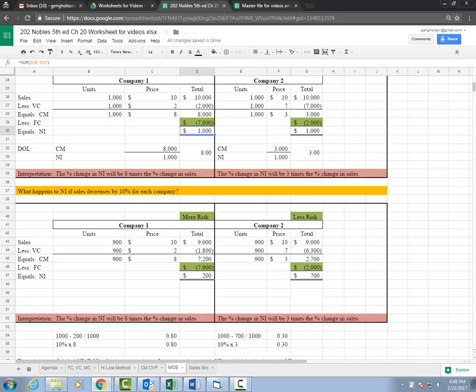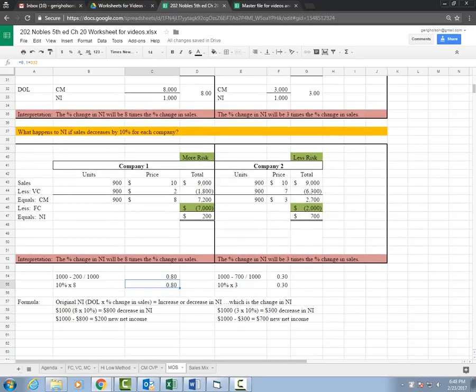So 800 over 1,000 is 80%. So the 10% change in sales times 8, the degree of operating leverage, gives us our percent change in net income. The change in net income will be 8 times the percent change in sales.